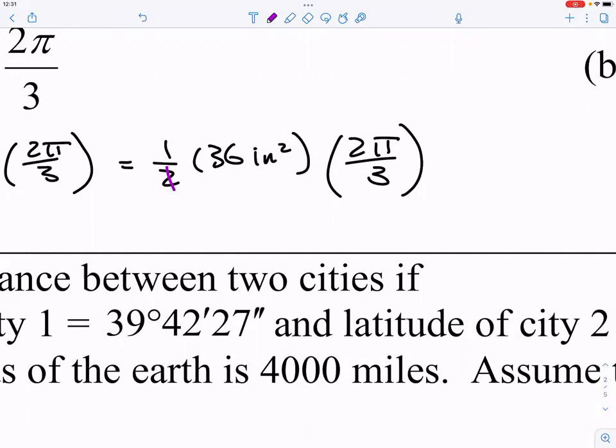You look at the 2, they reduce each other. 2 divided by 2 is 1. 36 over 3, you get 12. So what's the final answer? 12 pi inches squared.